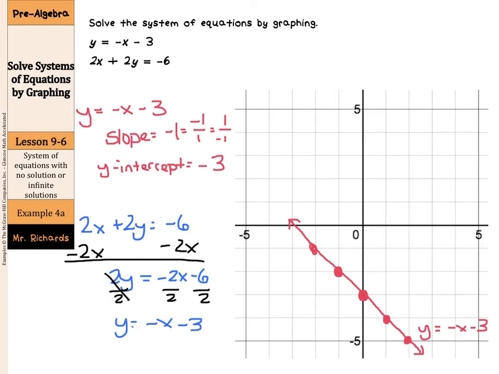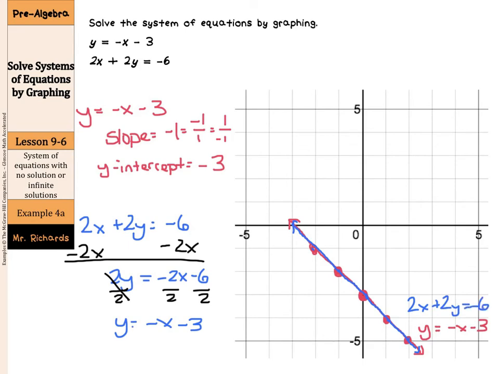Wait a minute. We just graphed that. Our red line was y equals negative x minus 3. So I have the same line here. These are essentially the same equation.